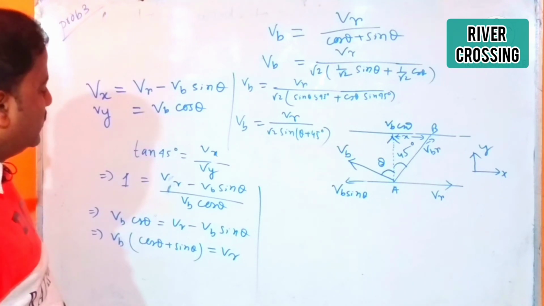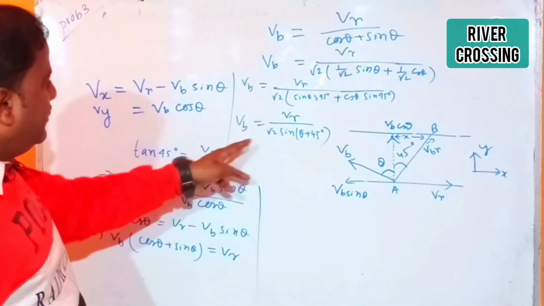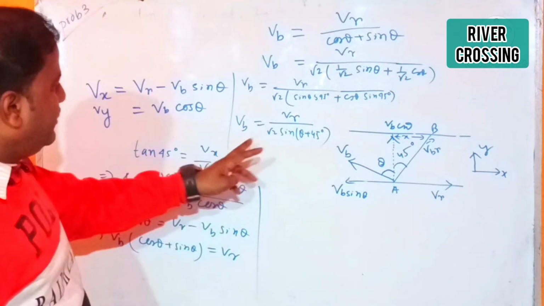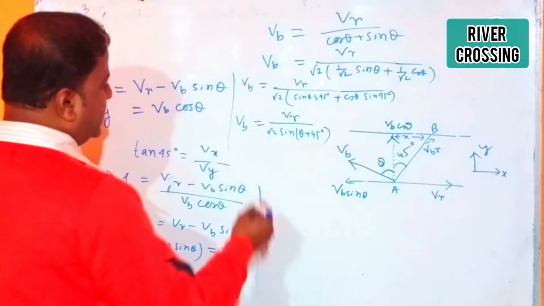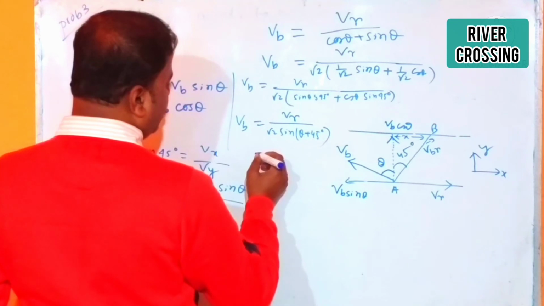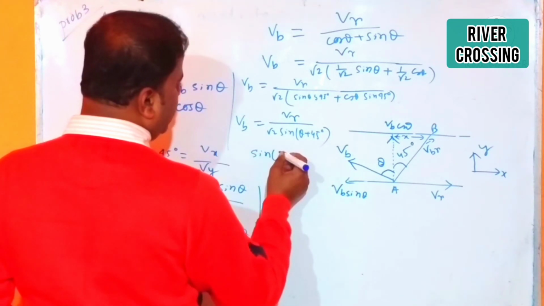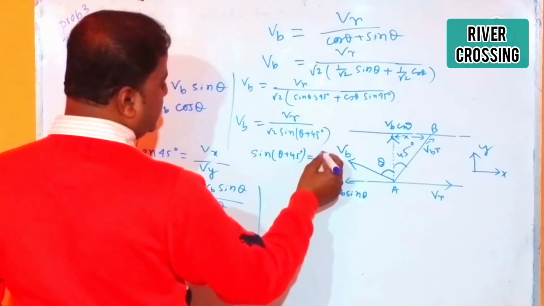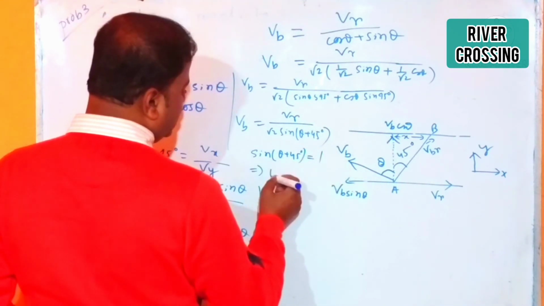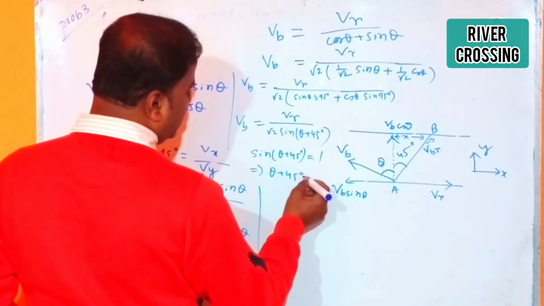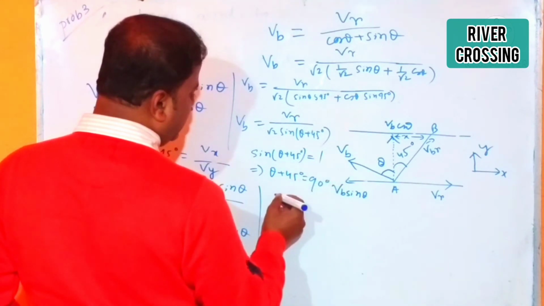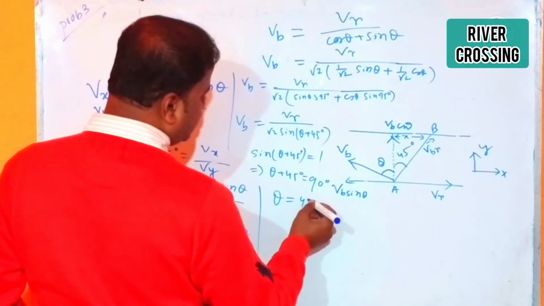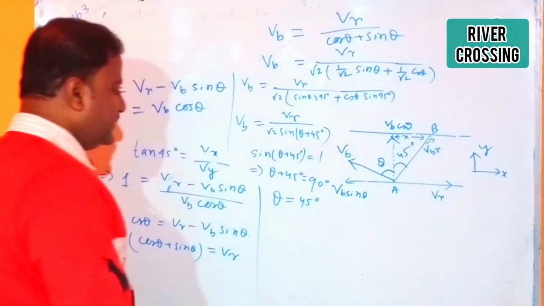Now we have to calculate the minimum velocity of the boat. For Vb to be minimum, obviously sin of theta plus 45 degree will be maximum, and the maximum value of sin is 1. So theta plus 45 degree equal to 90 degree, and we get theta equal to 90 minus 45, this is 45 degree.